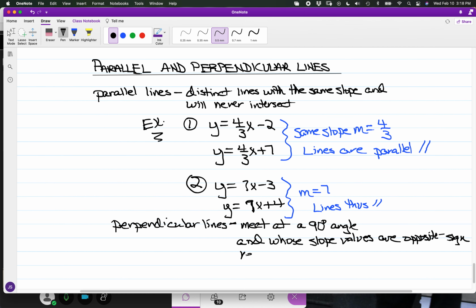And what this is going to signal, if you have opposite sign reciprocals, with perpendicular lines the product of the slopes will come out to -1.